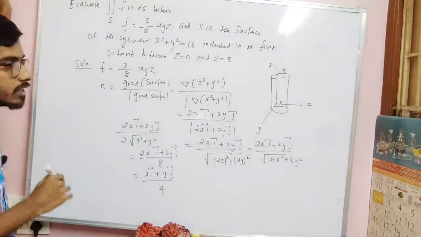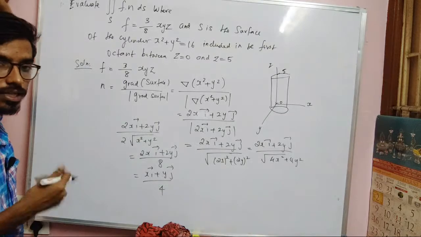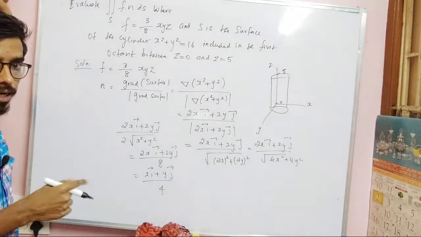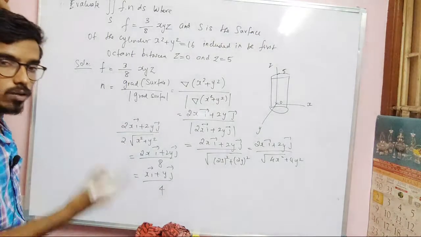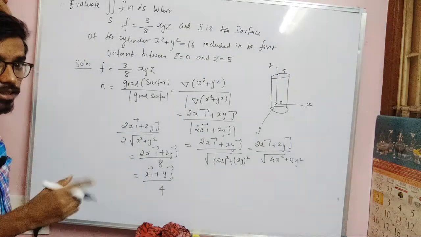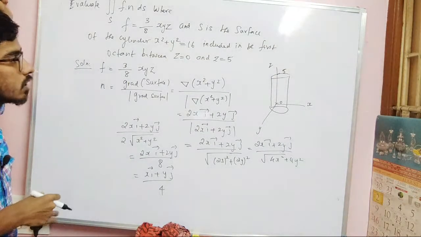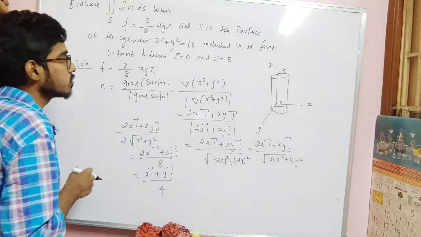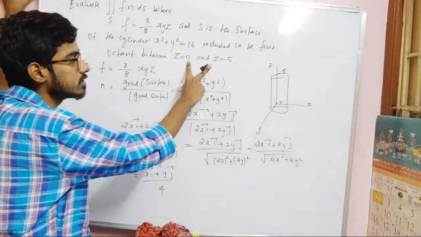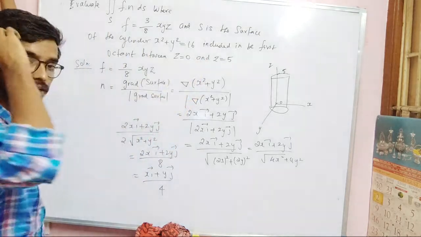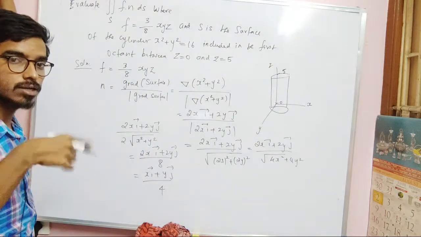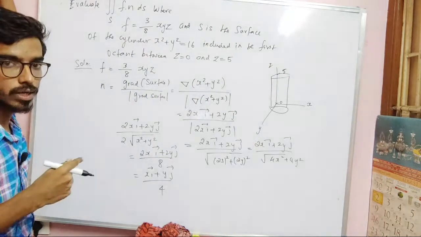Now we need to find ds, right? We can choose ds to be dx dy by n dot k, or dy dz by n dot i, or dz dx by n dot j. You can see they are given the z limit 0 to 5. So if I choose dz, I can substitute the limit to be 0 to 5, right?